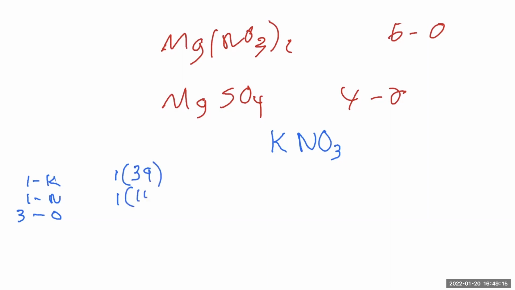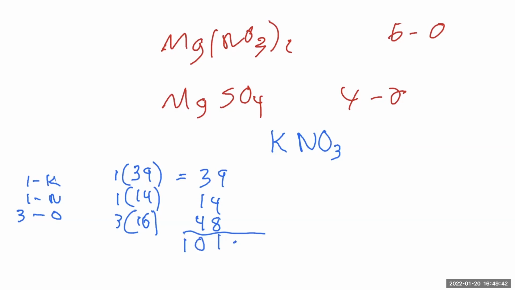And we have 3 oxygens. Each oxygen weighs what? 16. So we have 39, 14, and 16 times 3, which is 48. We add those together. So the molecular weight should be 101 grams per mole.